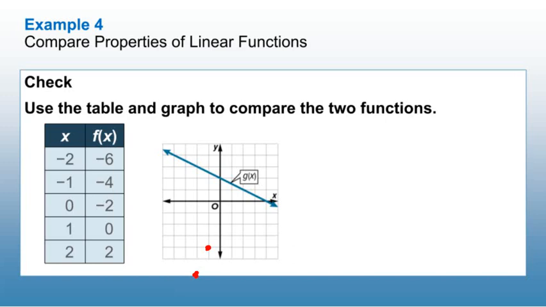And we'd have 0, -2. And we would have 1, 0. And we would have 2, 2. Which our line would look like this. Now we can compare the two. And we have some statements on the next slide that we can use for that.